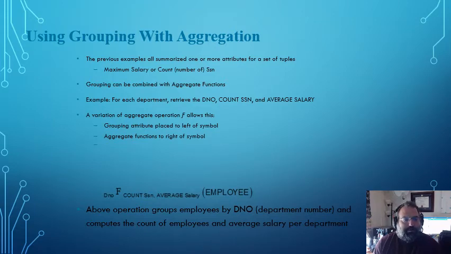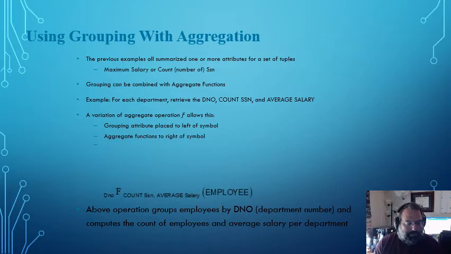Using grouping with aggregates. The previous examples all summarized one or more attributes of a set of tuples, like max salary or count of SSN. Grouping can be combined with aggregate functions. For example, for each department, retrieve the Dno, count of SSN, and average salary. A variation of the aggregate functions operation F allows grouping attributes to be placed on the left of the symbol and aggregate functions to the right.